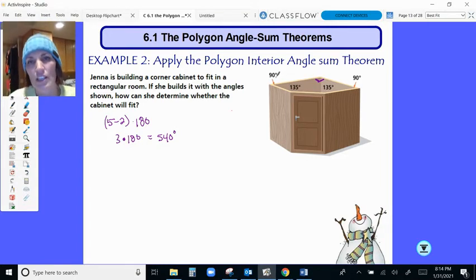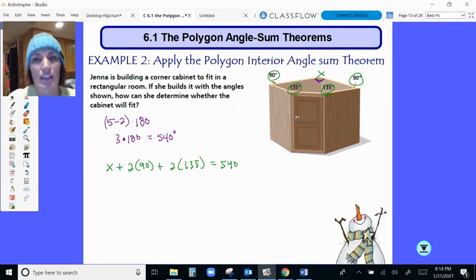Now we're going to call this angle x. So x plus, we have two 90 degrees, so 2 times 90, plus 2 times 135. That should equal 540, if that is indeed 90 degrees over there, okay?